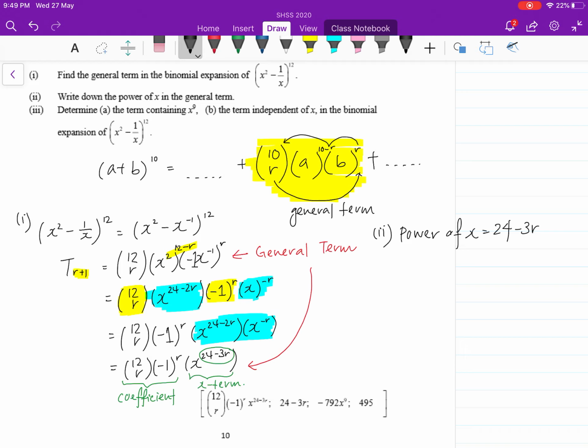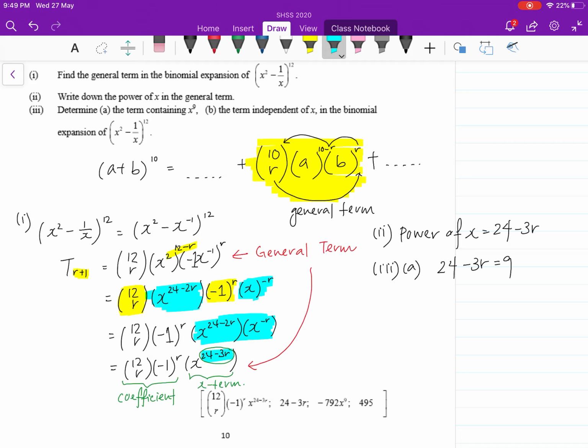Very easy. If I want x to the power of 9, part 3a, I just equate 24 minus 3r equals to 9, because I want power 9 here. I got to find out what position within the entire expansion gives me x to the power of 9.